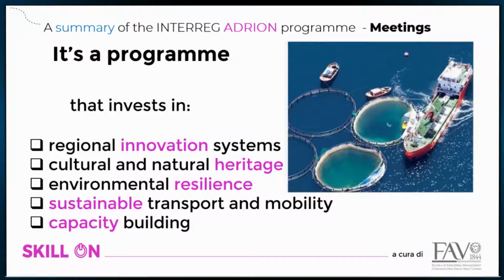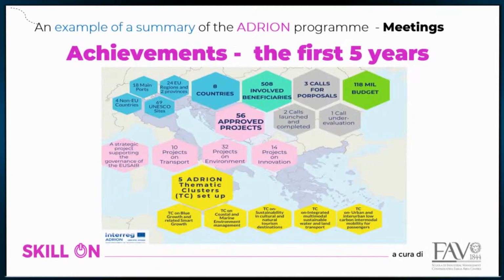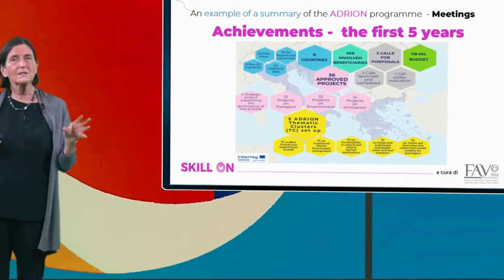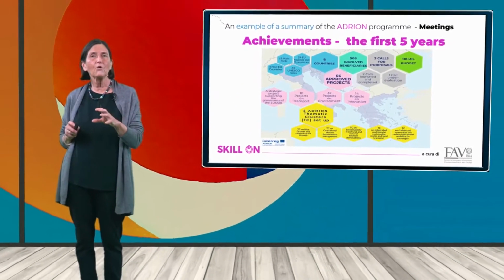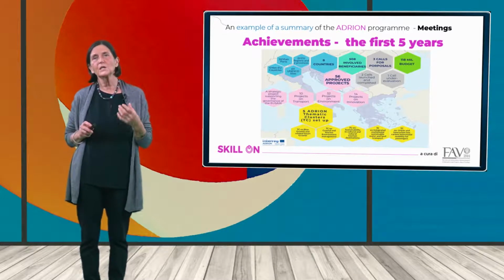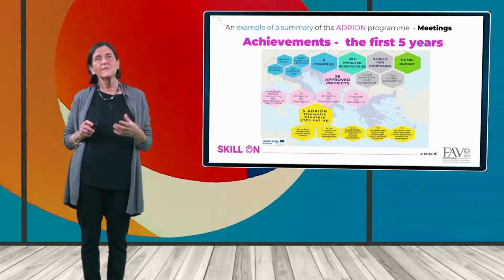capacity building. And to sum up, sometimes it can be very useful in a summary to superimpose on a geographical area some of the achievements in the first 5 years of the programmes, how the clusters have evolved to develop different activities, the number of projects that have been approved, the number of countries.